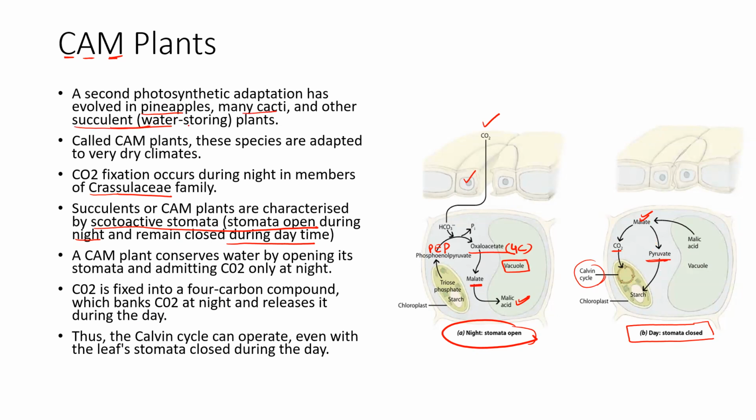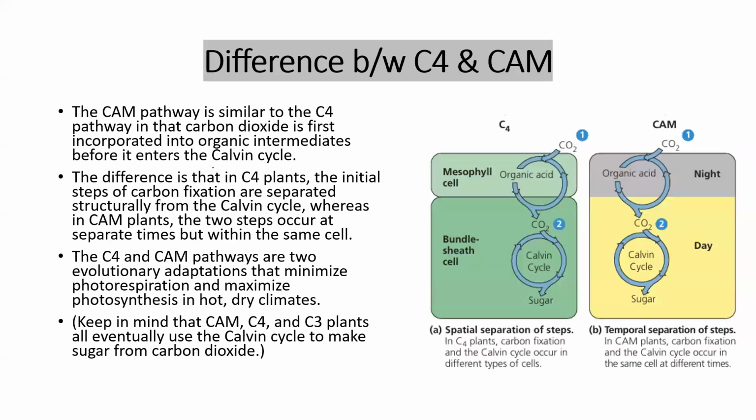Succulent plants means those plants which have a strategy to store water, and they are adapted to very dry climates. Now, both are using the same process, but how do they differ? Why are we calling them two different types of plants? In C4 plants, we are using two cells, mesophyll cell and bundle sheath cell.